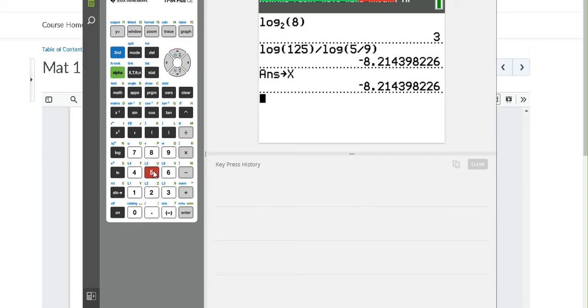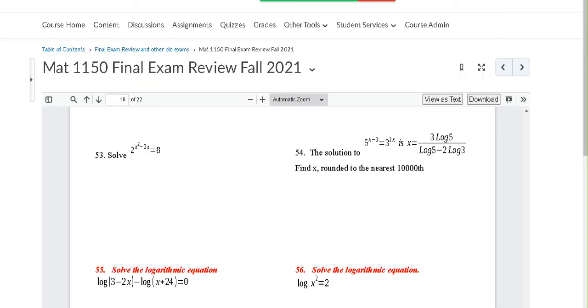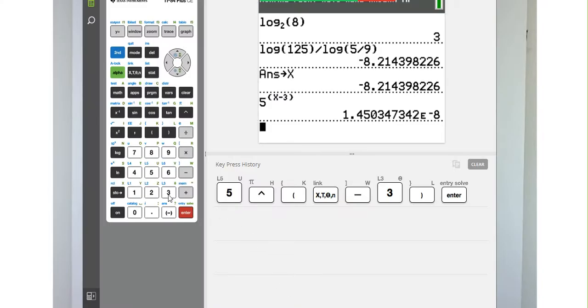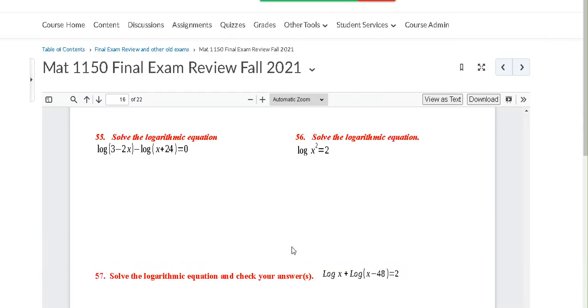So I want 5 to the parentheses x minus 3, and maybe I didn't need the parentheses there, versus, did I get this equation right? Yeah, 3 to the 2x. 3 raised to the 2x. And notice you get the same decimal value both times. So it's nice that you can prove that you got it right. That's not necessarily part of the problem. You don't have to do that last part.